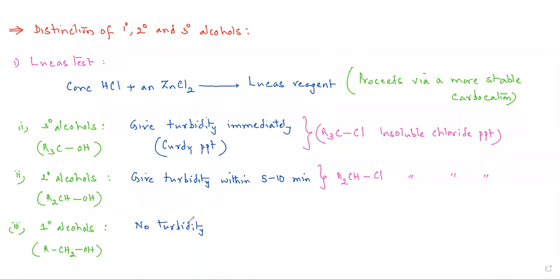No turbidity because they do not react. Because the primary carbocation is unstable or least stable among these 3 degree, 2 degree, and 1 degree, you know, they give no turbidity. Okay.